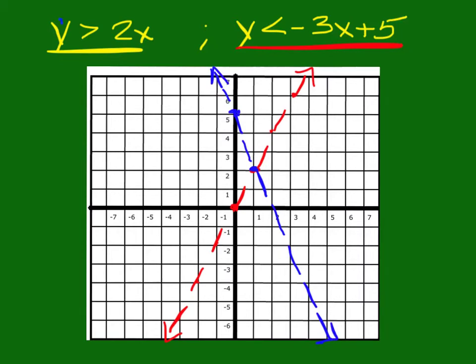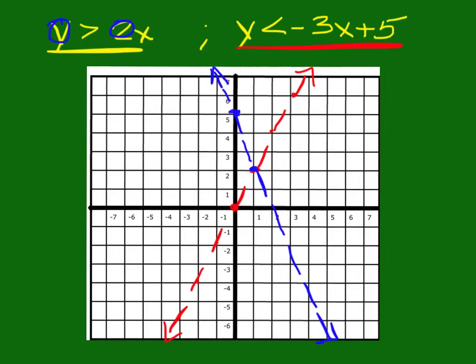So over here we put in 0, 0, and that's for the red inequality. Is 0 greater than 0? You can't use 0 because it's on the line. So we have to do what? We'll pick one that's easy to identify with.